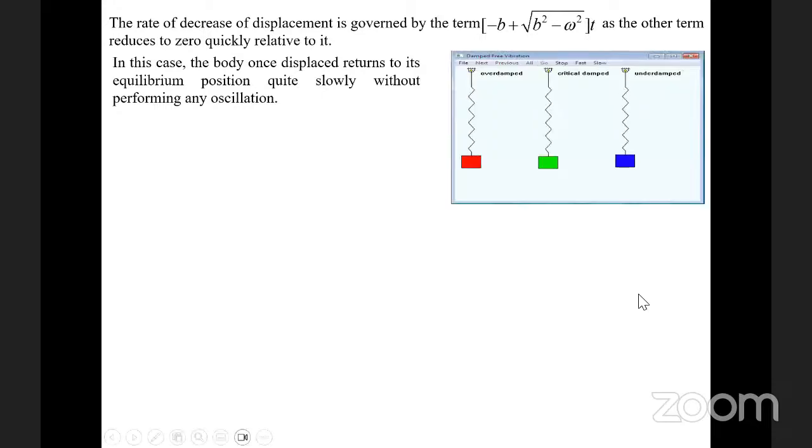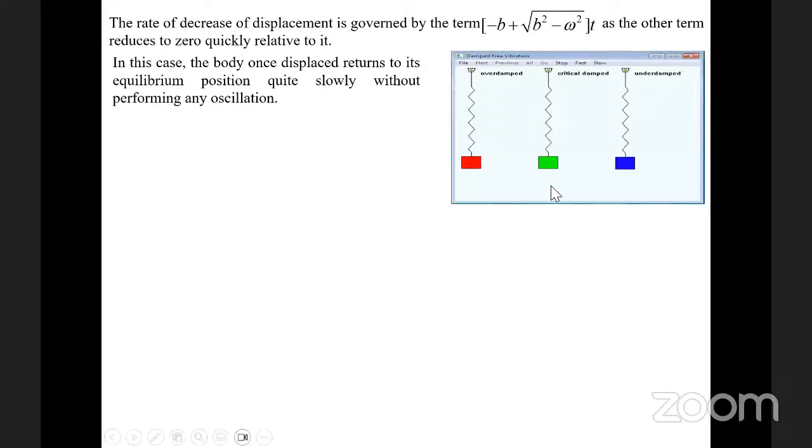Next, the rate of decrease of displacement gives terms which reduce to 0. And in this case, the body once displaced returns to its equilibrium position quite slowly without performing any oscillations.